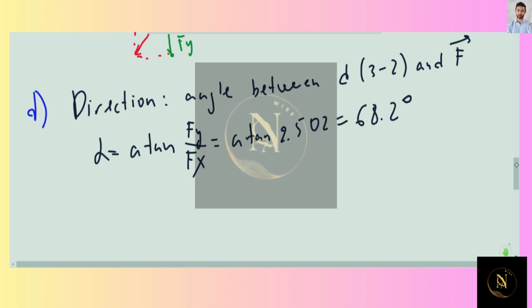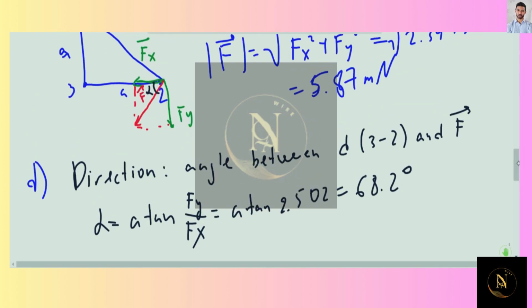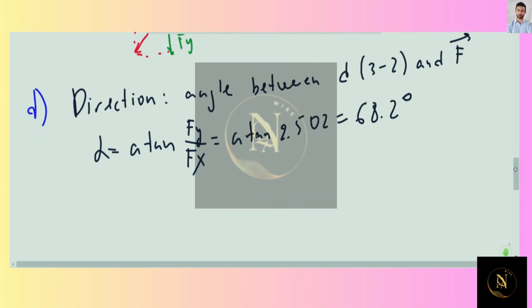So it means that the total force will be directed to the left bottom corner of the screen, and the angle between this direction and the line connecting points 3 and 2 is 68.2 degrees.